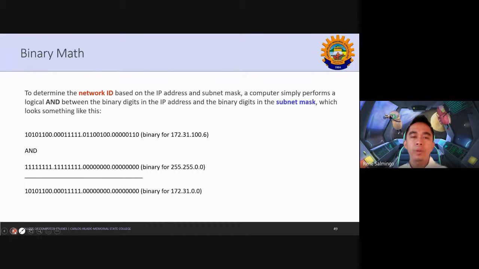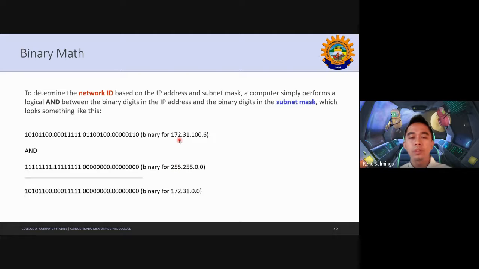Now we are going to have a simple calculation of your subnet mask. In this example, we're going to use class B. So what is the class B? This class B is 172.31.100.6. So you have this as your given IP address. And automatically, if you have this IP address, you will have your subnet mask. Your subnet mask, when you are referring to class B, would be on the first 2 octets.